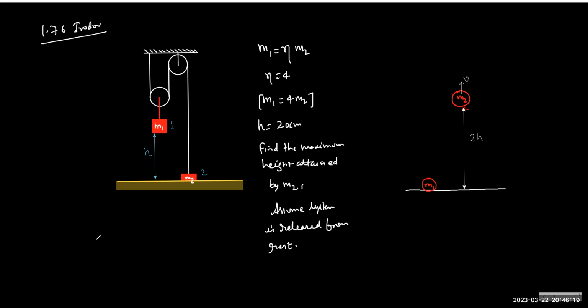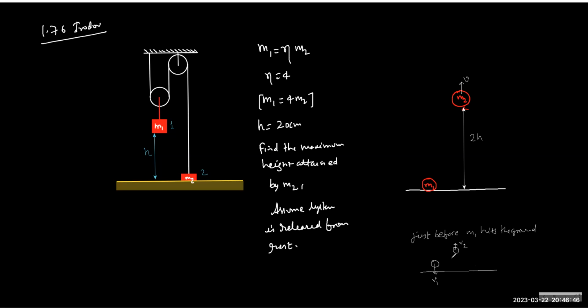Just before hitting, M1 will have velocity V1 and M2 will have velocity V2. And what is the relationship between V1 and V2?